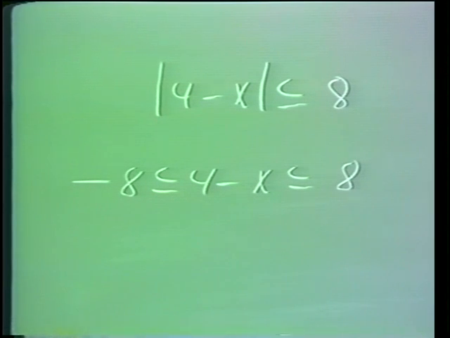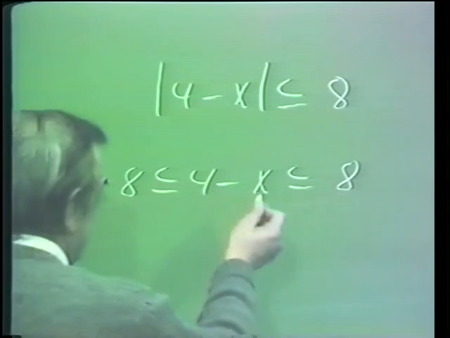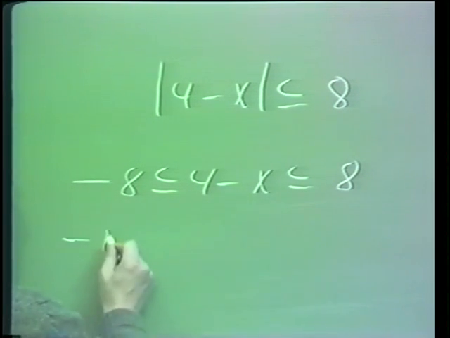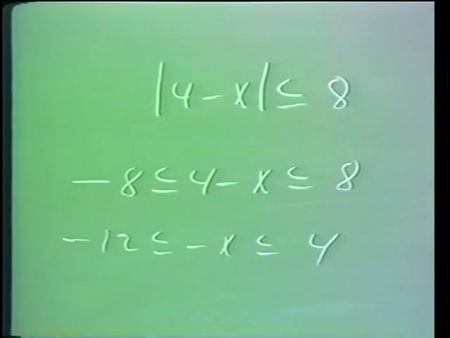Now we have to solve this. What we're going to try to do is get x all by itself in the center. You could break this up into two sentences, but it's easier to add a negative 4 to all three sides, and you come out with this. Now remember, what we want to do is find out what x is. We don't care about 4x or 7x. We don't even care about negative x. We want to know what x is. If it's not just plain x, we have to divide everything by its coefficient.